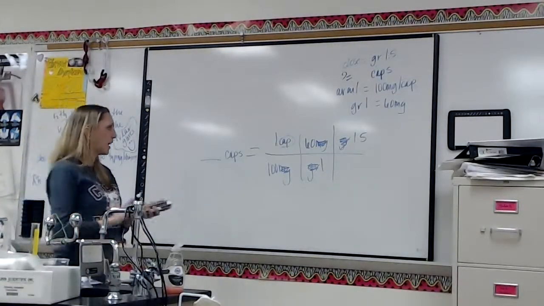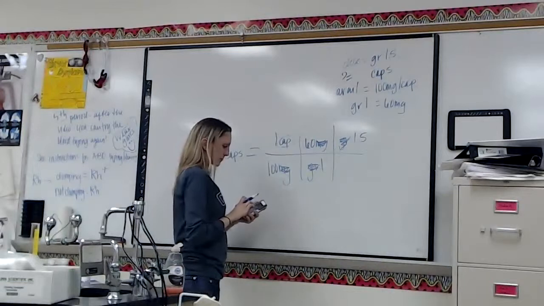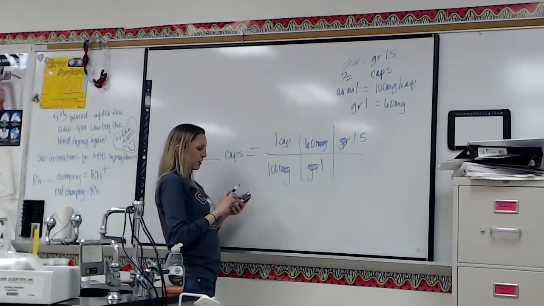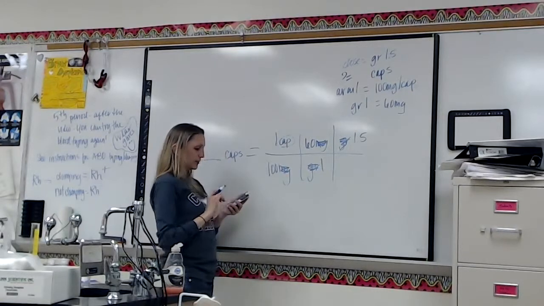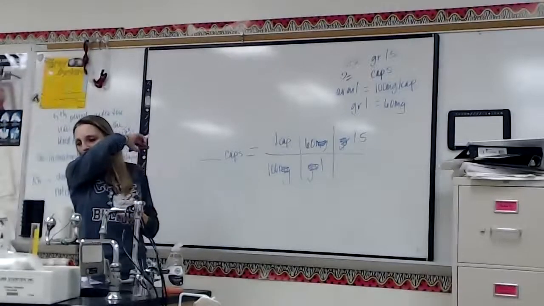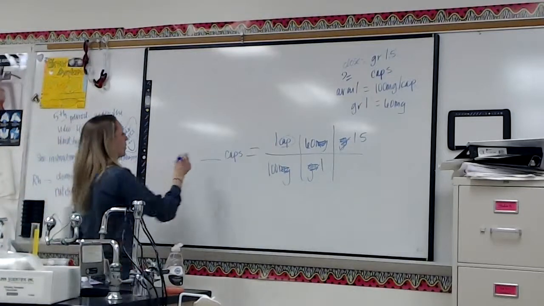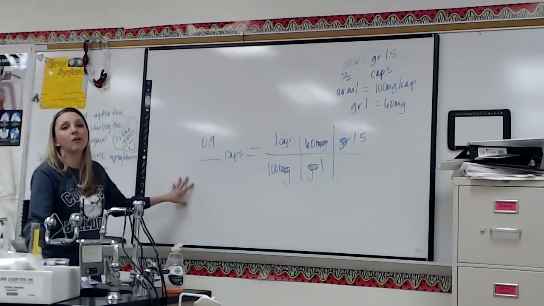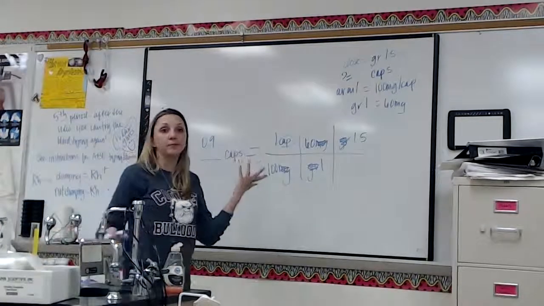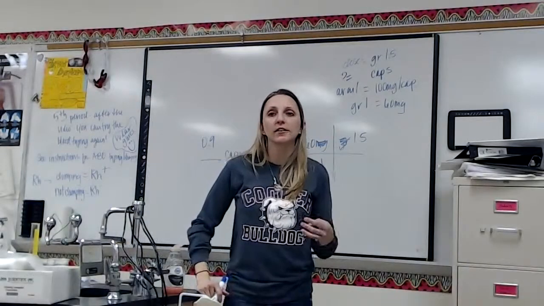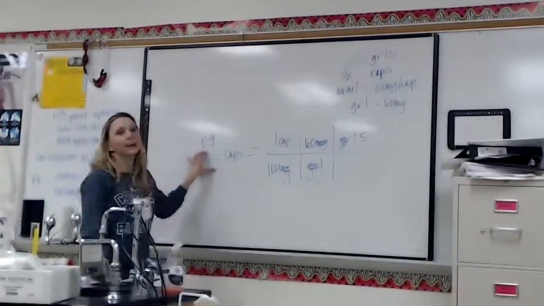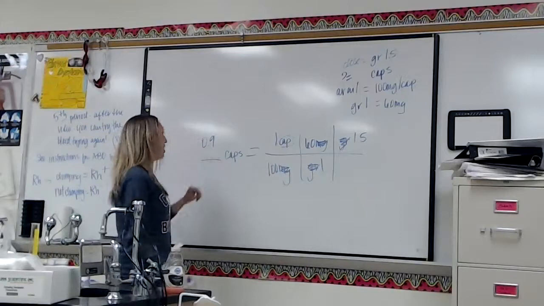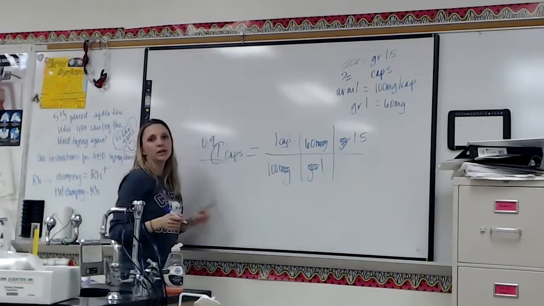Now I just need to do my calculations. 60 times 1.5 divided by 100 is 0.9. I can't write down 0.9 because I can't give 9/10 of a capsule. But I can give 1 capsule, and this is within that 10%. So I know my answer is 1 capsule.